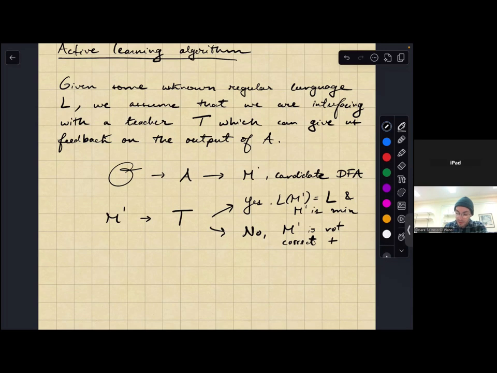And in addition to telling us that M prime is not correct, it also gives us a counterexample W. So what do I mean by a counterexample?